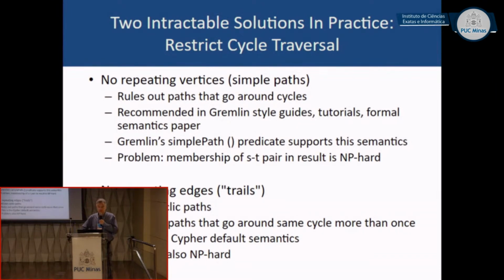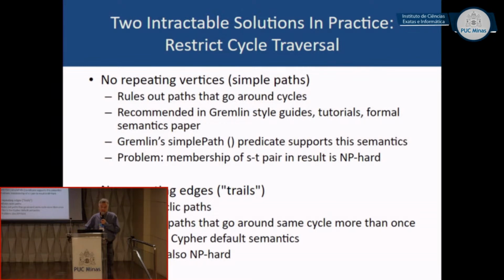Here are two other solutions that are supported and used in practice, even though in worst case, they are both intractable. Restrict the kind of traversals over cycles that are considered legal. So one of them says, do not repeat vertices as you traverse.